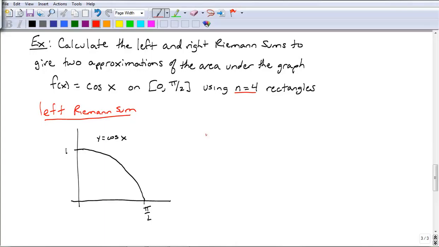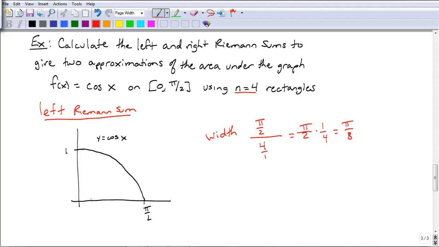Now how wide is each rectangle? Well, pi over 2 is how far I have to fit them, and I want to fit 4 rectangles inside pi over 2. So when I divide these, you can think of that as 4 over 1. This is pi over 2 times the reciprocal 1/4, which is pi over 8.